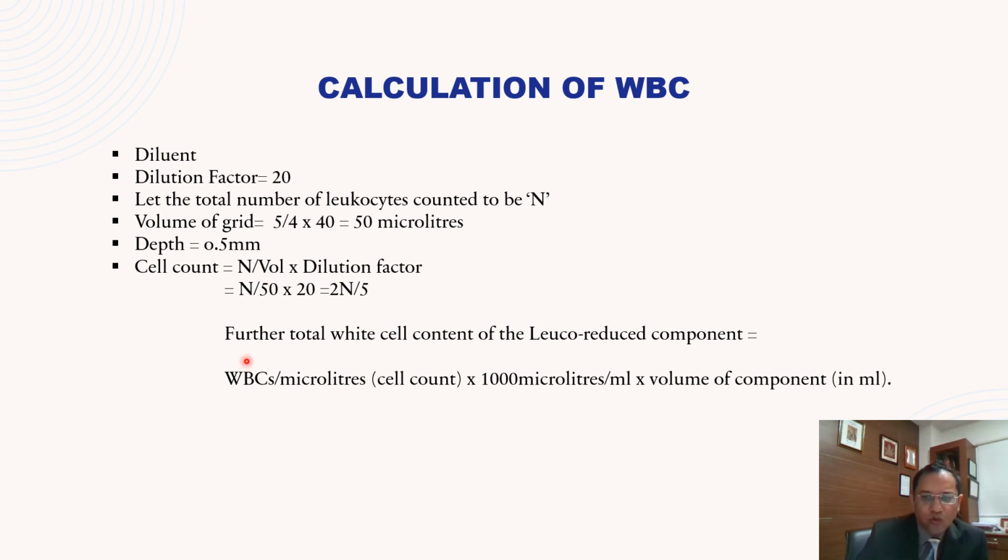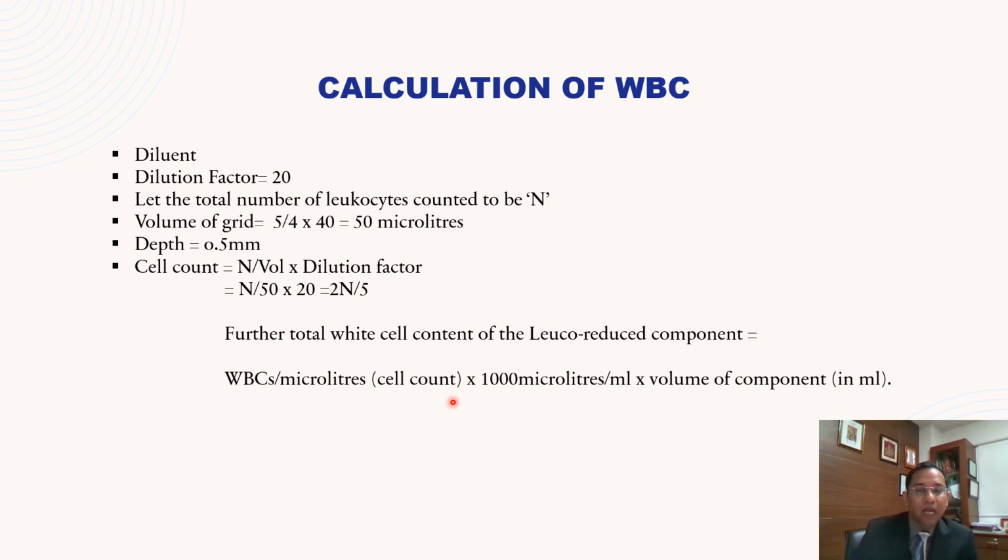To calculate the actual WBC count after leukoreduction, you need to know the volume of the component. So you take the cell count you have now, multiply it by 1000 to convert it into microliters per ml, and then multiply with the volume of the component.